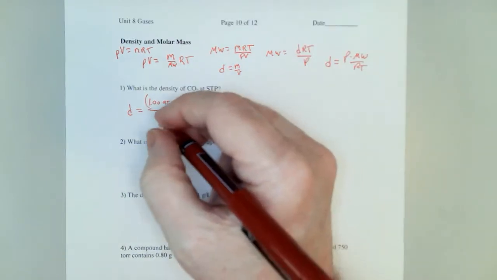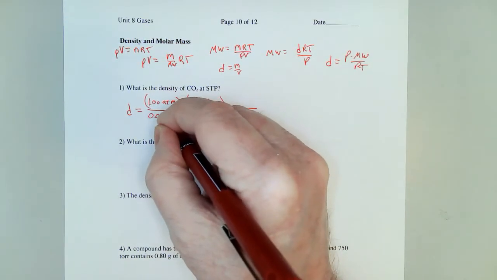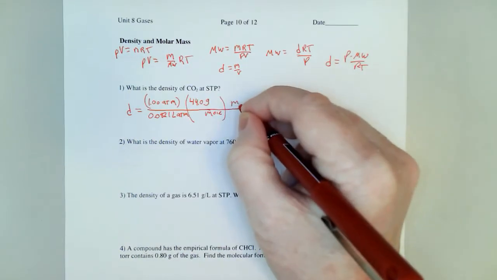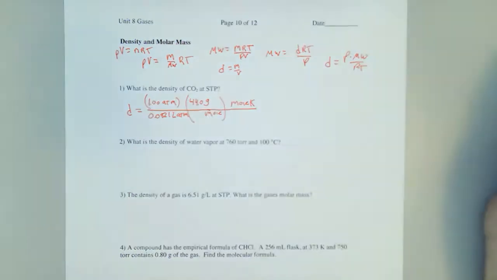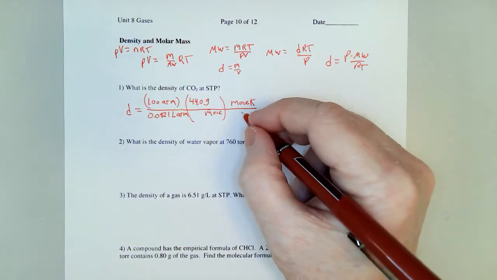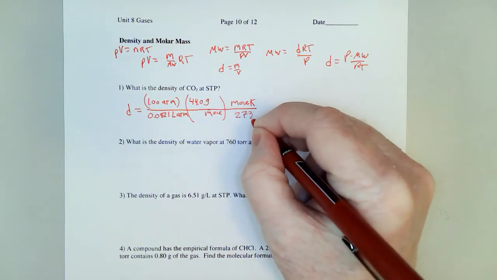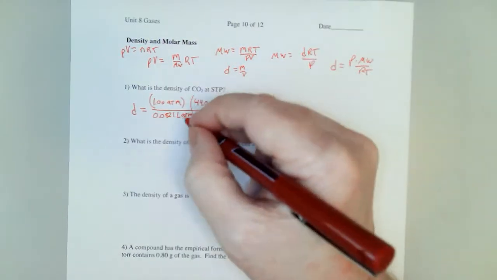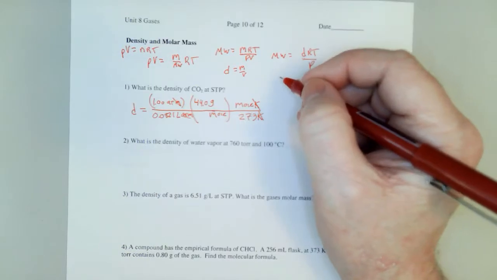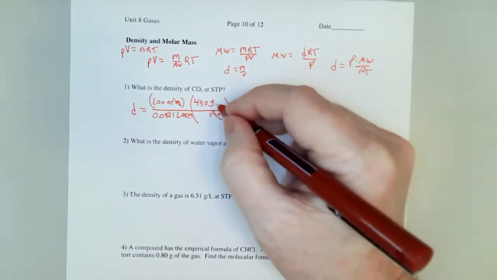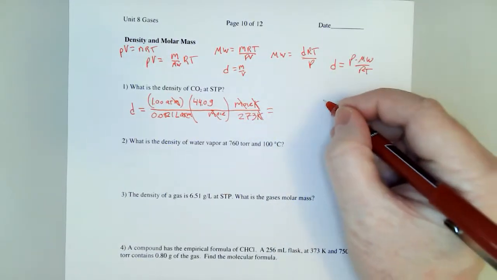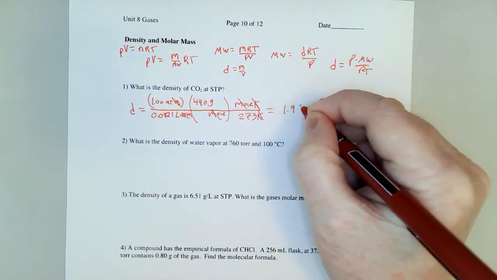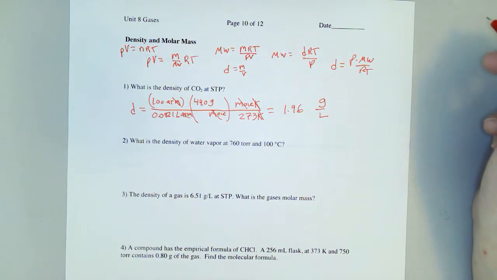R is 0.0821 liter atmosphere per mole Kelvin, and the temperature at standard temperature is 273 Kelvin. So the Kelvins cancel, atmospheres cancel, moles cancel. We have grams and liters left. That's pretty good.